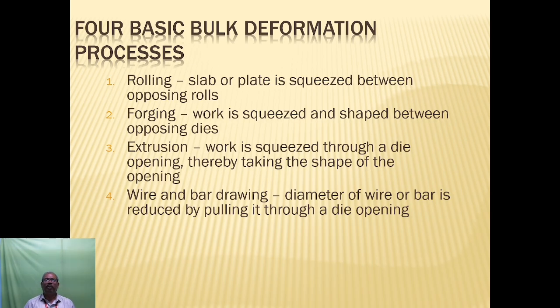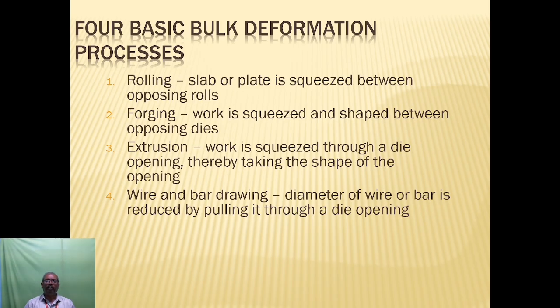Actually, the deformation process is used in manufacturing of goods. First, the basic bulk deformation processes are rolling, forging, extrusion, and wire and bar drawing. In rolling, a slab or plate is squeezed between opposing rolls. So in between rolls, the slab will be kept and the product will be produced.